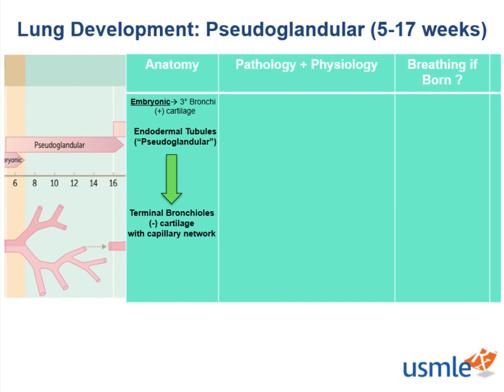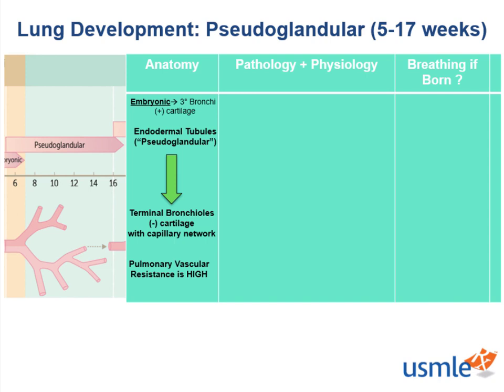With the formation of a vascular network in this stage, it is also important to realize that pulmonary vascular resistance is high, so blood is shunted away from the lungs. Why is this? Well, the developing lungs lack alveolar structures that can participate in gas exchange, so blood must be shunted away.